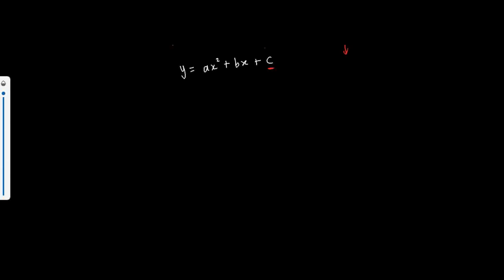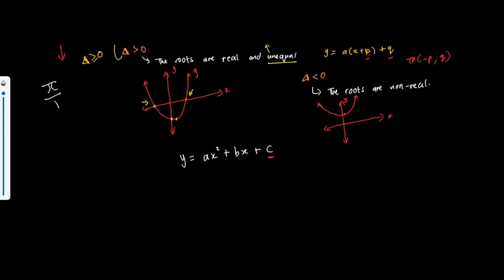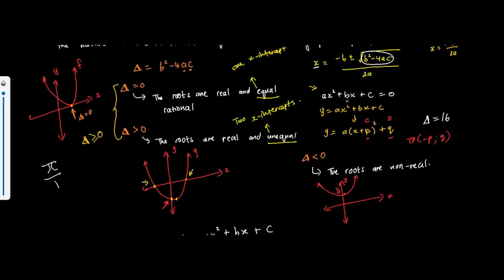The parabola will always have a y-intercept. Like this parabola that we looked at, it had a y-intercept. The first graph we looked at had a y-intercept, which was here. The parabola always has a y-intercept.